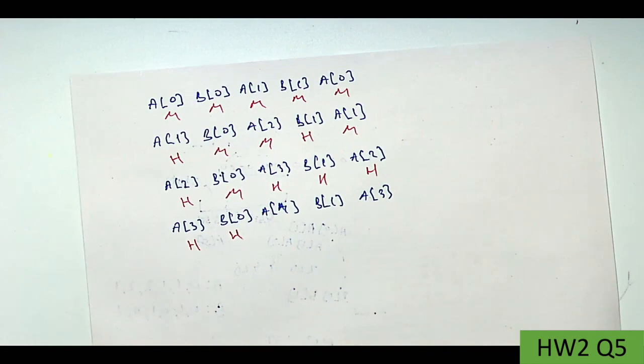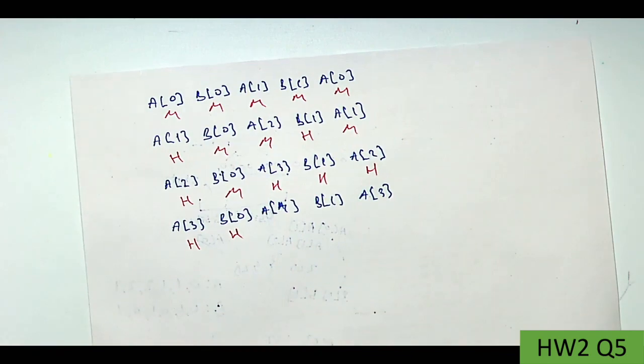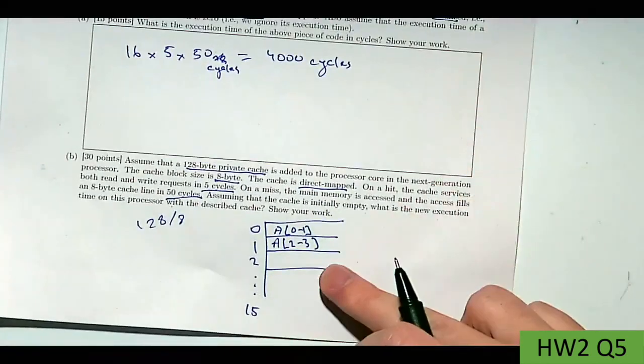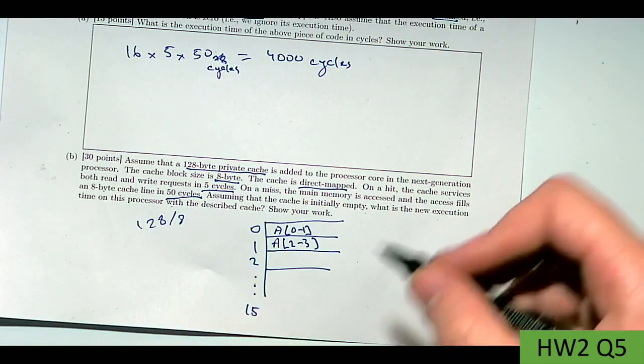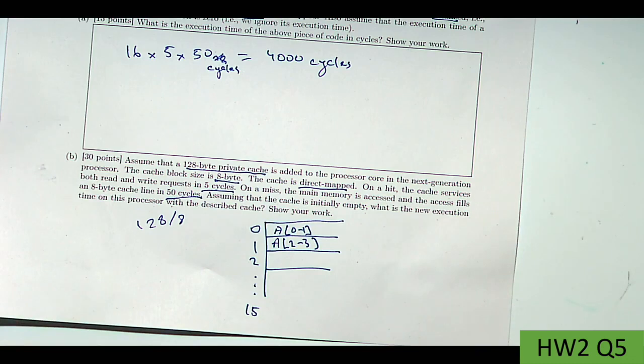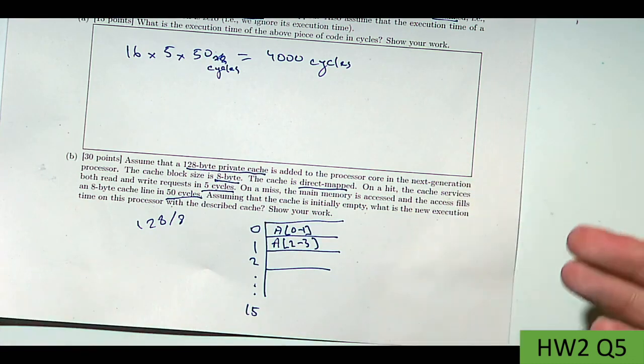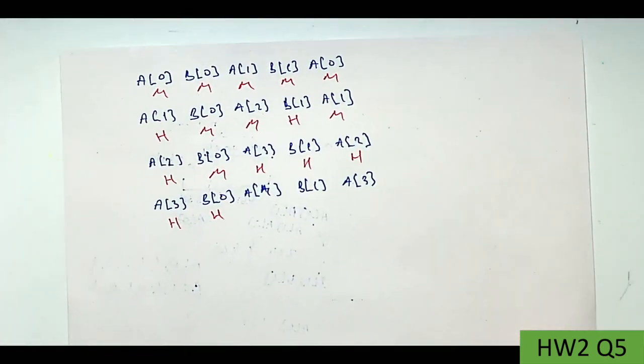So if it's difficult for you to follow what's in the cache, what's not in the cache, you can write it here, what is currently in the cache, and then when you evict something, you can just modify it. But I'm not doing it just to save some time. But in the exam, if you think you can make a mistake, you can do it more safely.